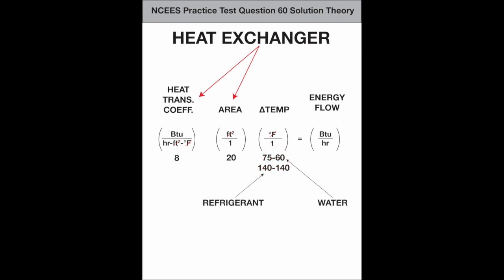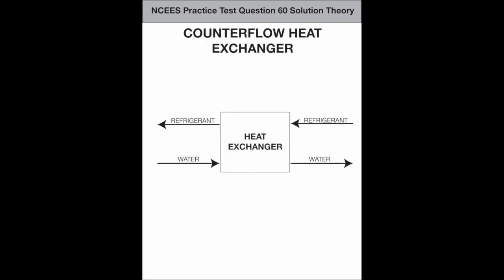Consider that the question uses the heat exchanger's properties of surface area and heat transfer coefficient. So keep the focus on that piece of equipment to find the temperature delta. A counterflow heat exchanger can be diagrammed like this. The refrigerant flows in one direction. The water flows in the other direction.